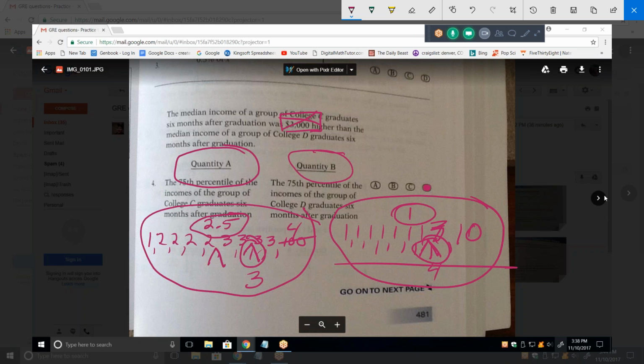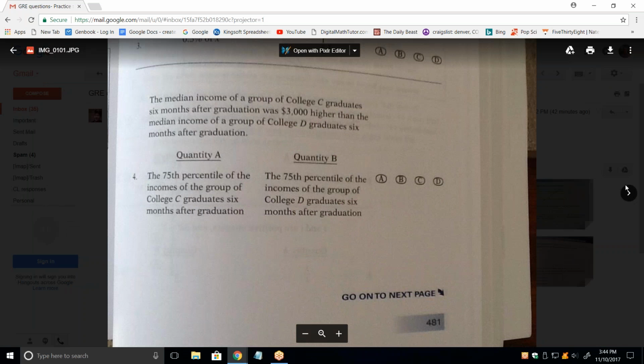Got it. The whole key is, can you come up with a string of numbers where the median is greater than this, but the 75th percentile is less than this? And I did. Once you come up with it, that's all you need. On to the next.